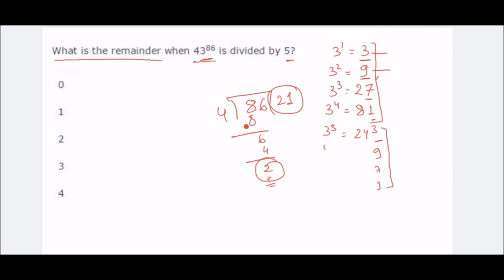So the unit digit of 43 power 86 will be 9, and if 9 is on the unit digit, then for dividing the value by 5 we'll get the remainder of 4, right? And 5 will be subtracted, then the remainder will be 4, and our answer will be 4.